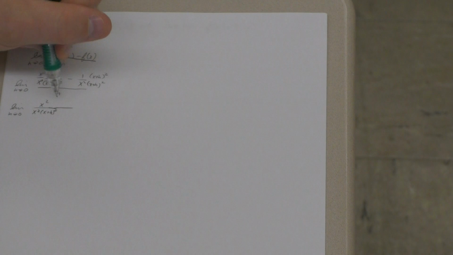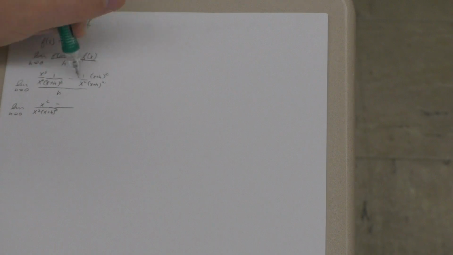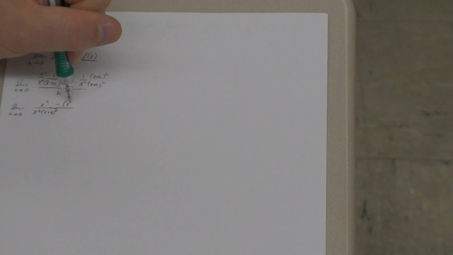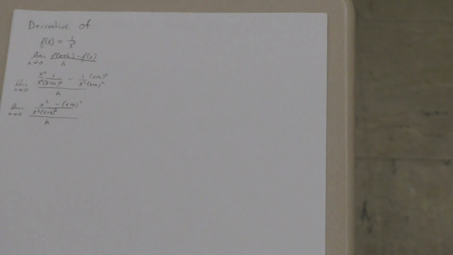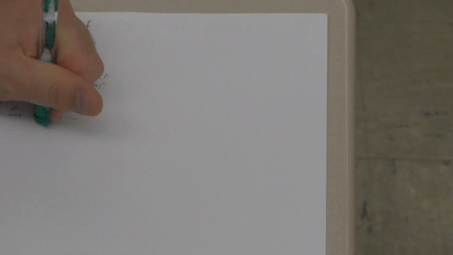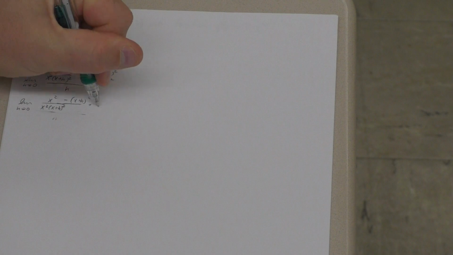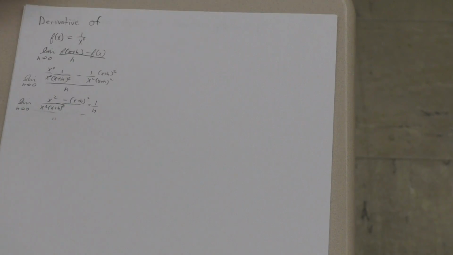All right. Common denominator with both, so I have minus x plus h squared all over h. And in fact, let me rewrite h divided by h as 1 over h, okay?